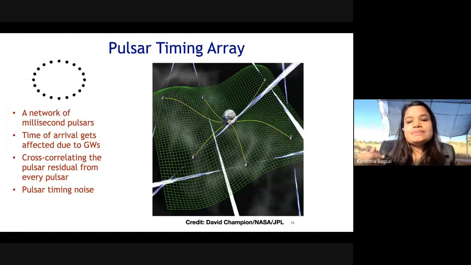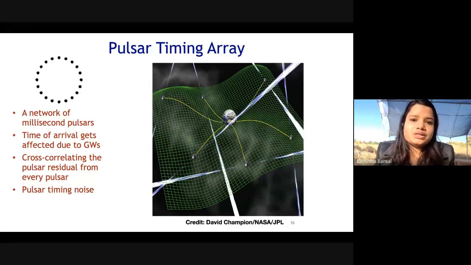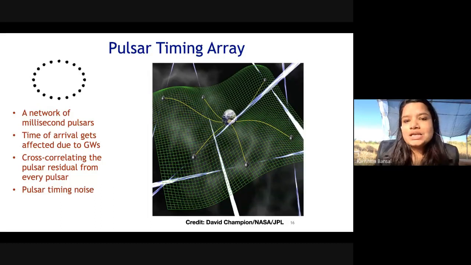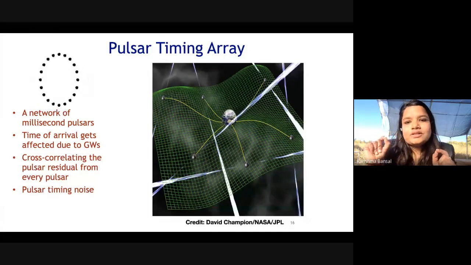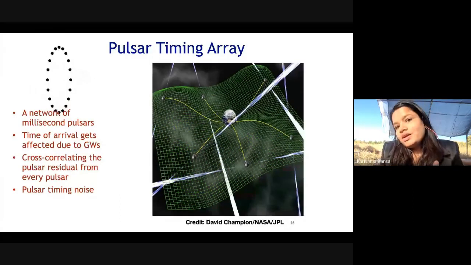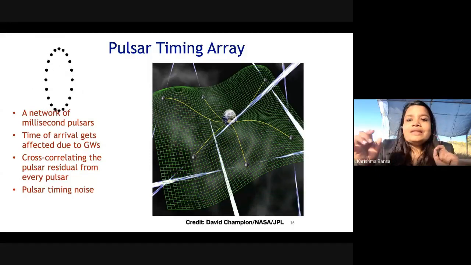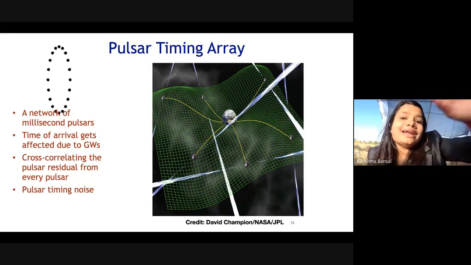So what this pulsar timing array does, it is basically a network of pulsars. And in this case, they use only millisecond pulsars because they are very, very stable in time. So when they detect a change in the pulse arrival time, like, oh, it has arrived earlier, oh, it has arrived later. And they look for this change, not just from one direction, but from a network of pulsars.